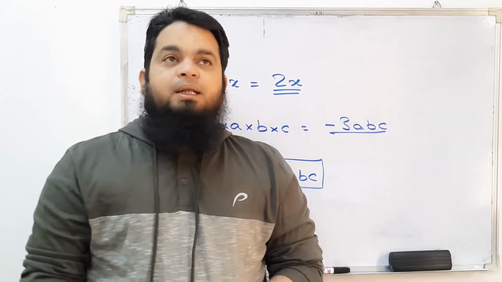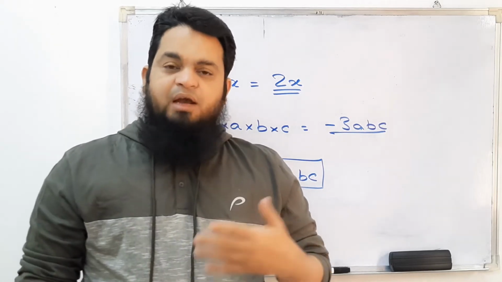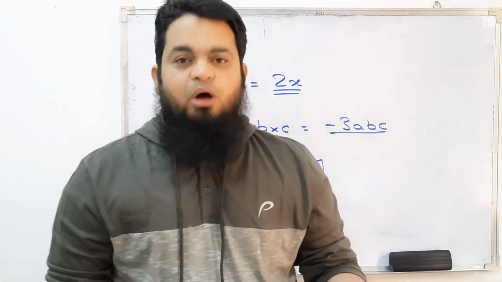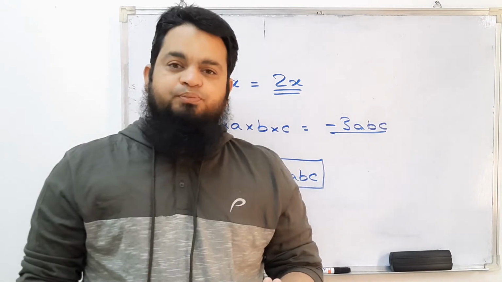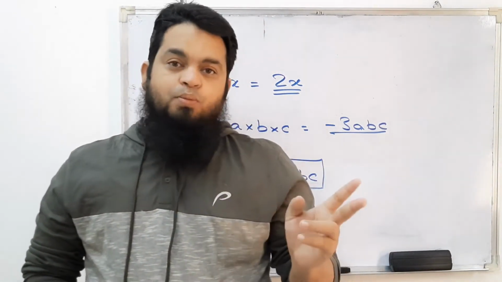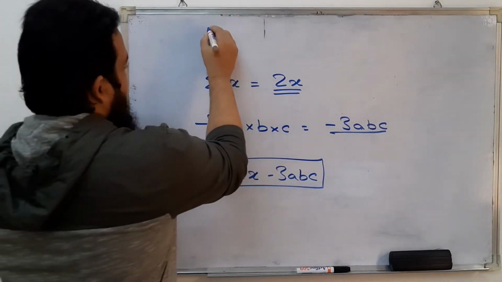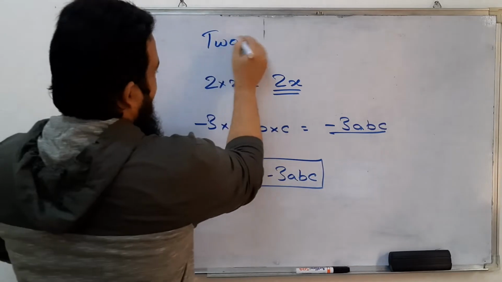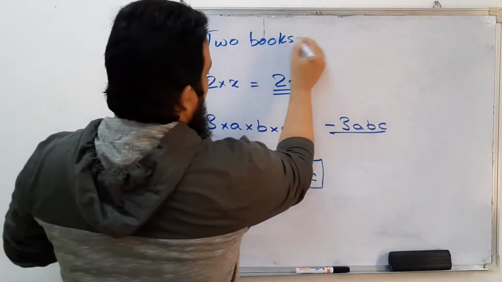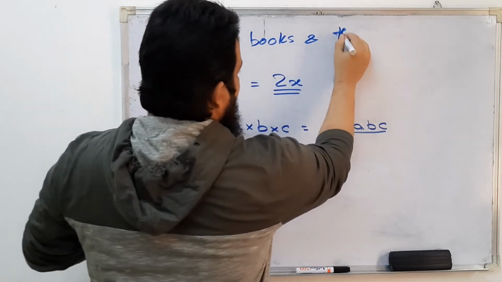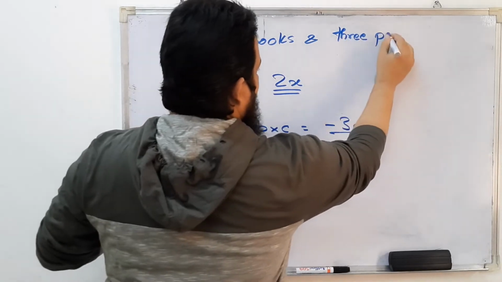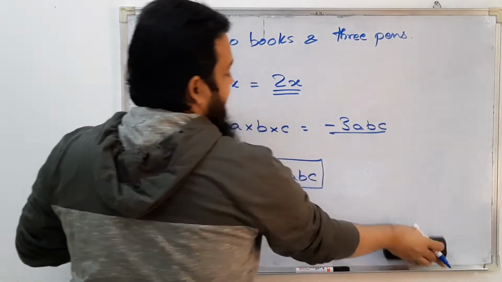For example, I went to a stationery shop and I bought 2 books and 3 pens. So how can I write it mathematically?